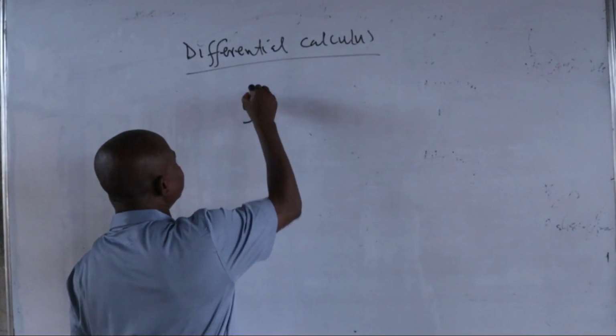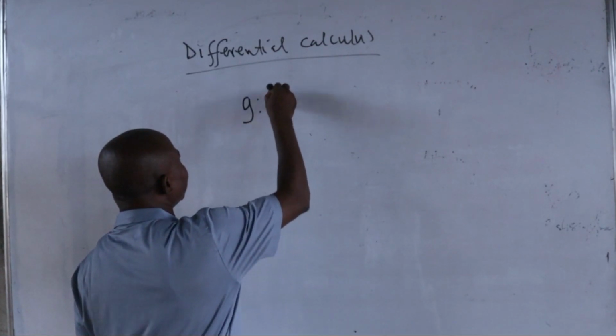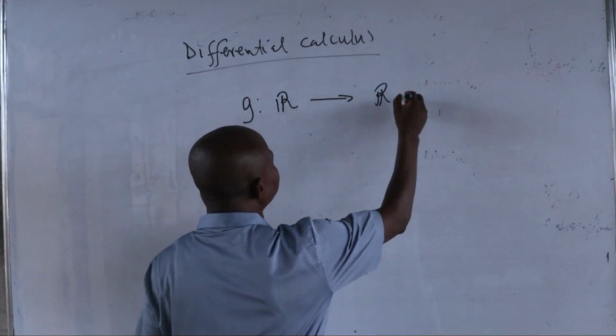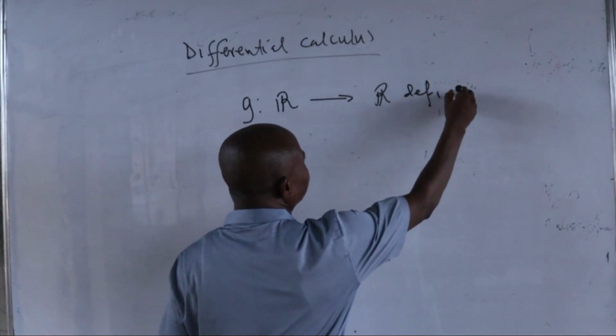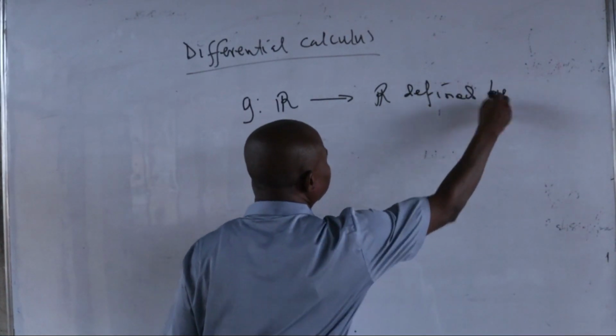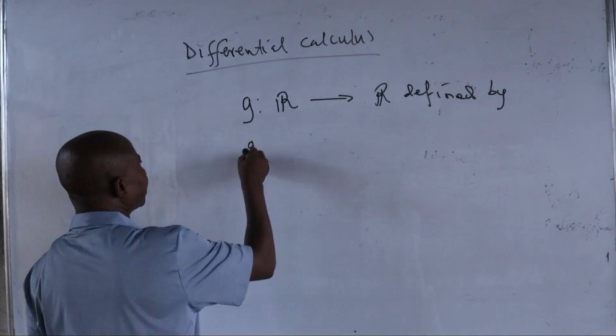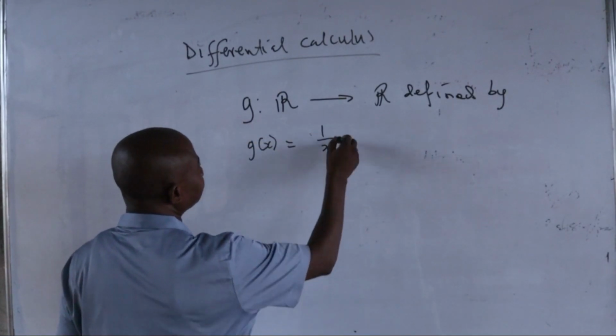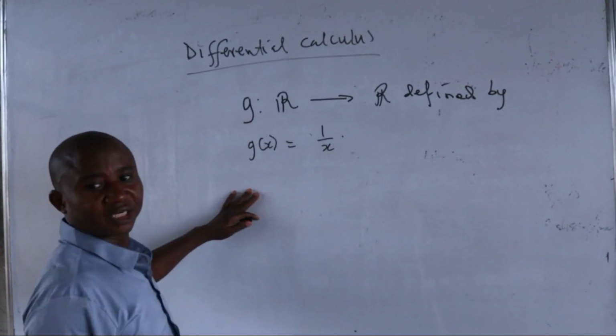So if I consider g defined on R into R again, g at x is 1 over x. So here we want to find the domain of g.